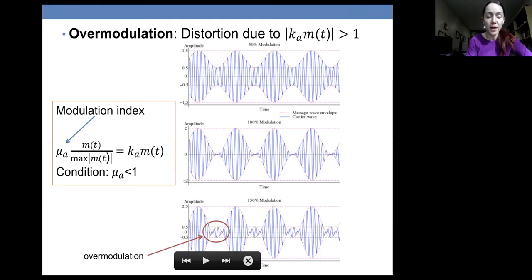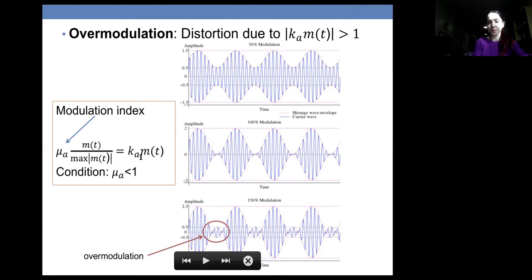So we can design this modulation index parameter such that the modulation index divided by the maximum magnitude of m of t is equal to Ka.